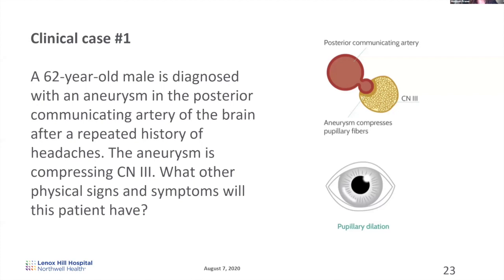And this is actually not a common thing, but if you have an aneurysm in the posterior communicating artery, it's very common for it to compress cranial nerve 3 because due to brain anatomy, they run closely together.